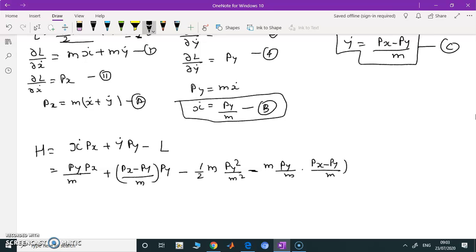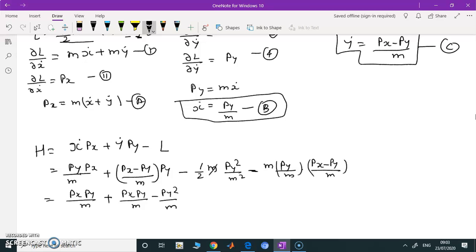This is y dot, this is x dot. Now if you solve it, the first term will be px py by m, the second term, multiplying py inside, will be px py by m minus py square by m.